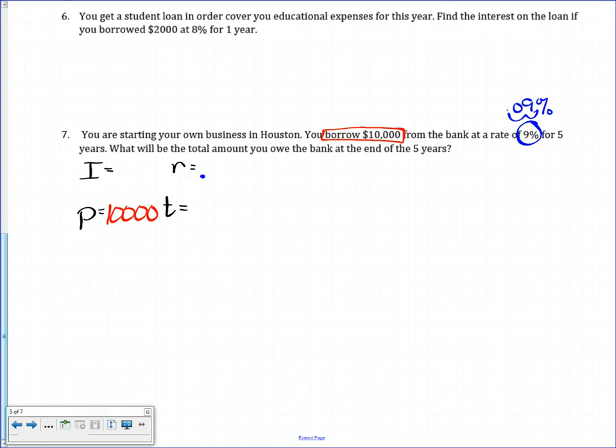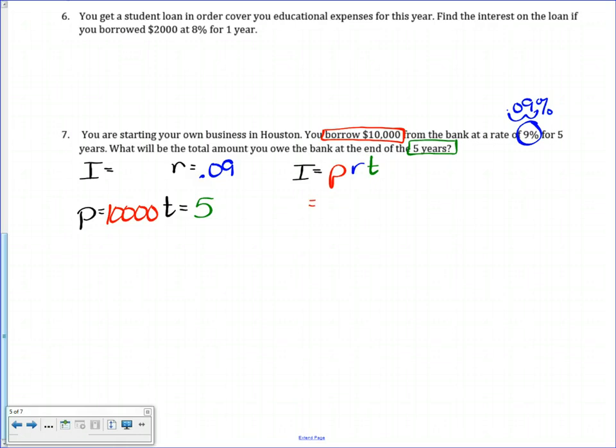So 0.09. In time, they gave us that one, 5 years. Remember, for time, if they give you months, you do have to divide that by 12 to convert it to years. Then you're going to plug those values into your formula, PRT.